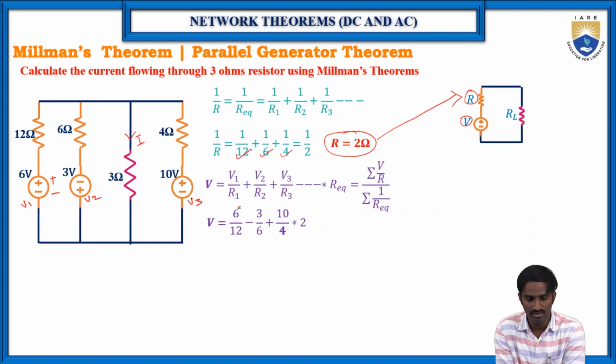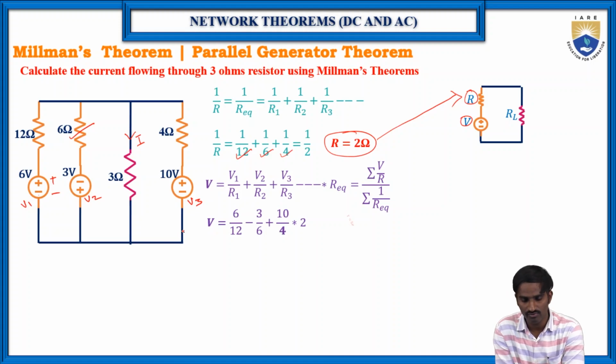So V is equal to V1 by R1, where V1 is 6 volts and R1 is 12 ohms, so 6 by 12, minus, because of the opposite polarity, V2 by R2, where V2 is 3 volts and R2 is 6 ohms, so 3 by 6, plus V3 by R3, where V3 is 10 volts and R3 is 4 ohms, into R equivalent, which we have just calculated as 2. Then we will get the V value.